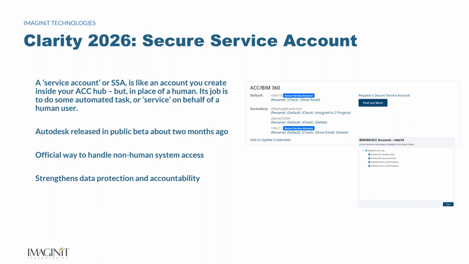It works a lot like a normal OAuth connection, and you'll find it familiar in how you set it up. But it is slightly different in that it is non-human, and this account is not able to actually log into ACC and see models and files and whatnot. So on the next slide, I'll tell you some of the bigger differences.